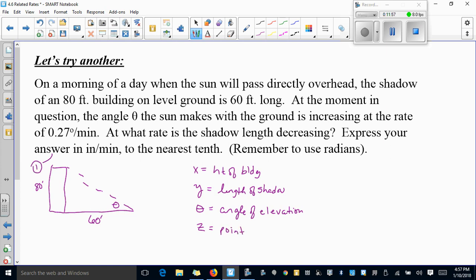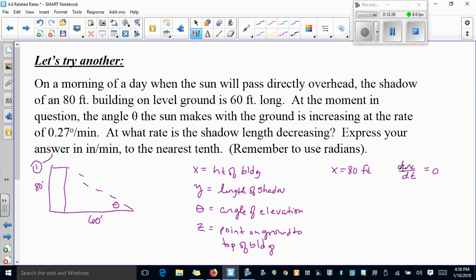X is going to be 80 feet. dx/dt is equal to 0 because the height of the building is not changing. Y is going to be 60 feet, and dy/dt is what they're asking us for. They asked at what rate the shadow length is decreasing.